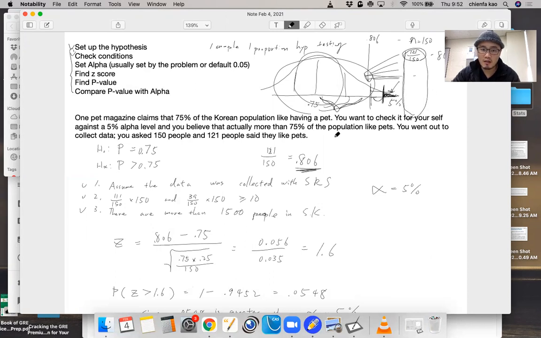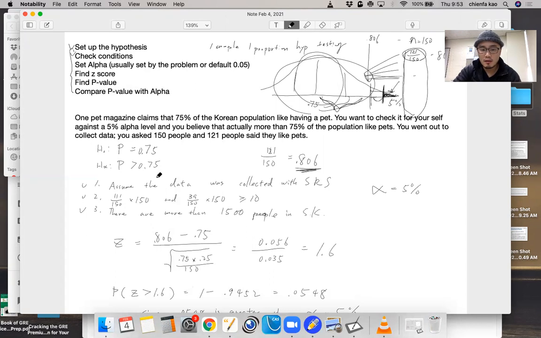Because we set the alpha value at 5% before, we did all this math, and we say that it's not extreme enough. This sample is not extreme enough for us to doubt the null hypothesis. So we're going to assume that this magazine was right.